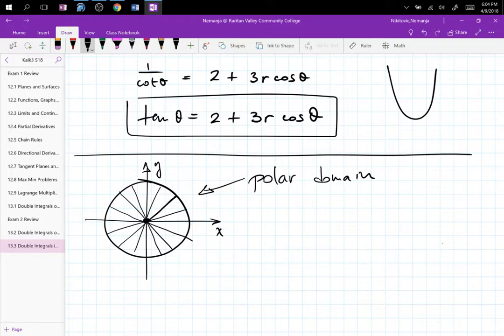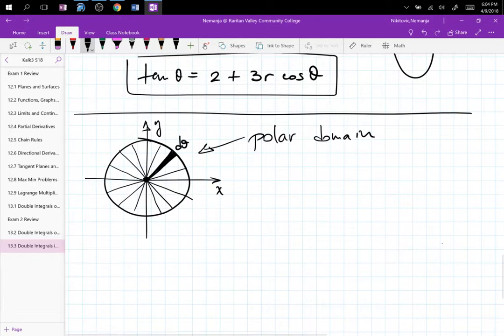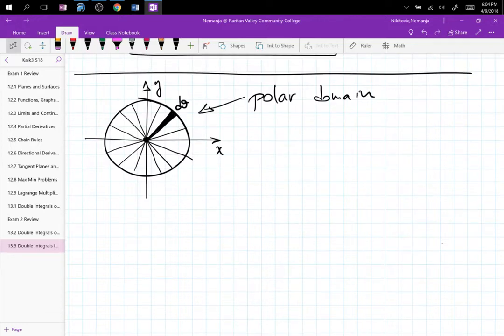Let's draw the representative pizza slice d theta, and that's the one that spins around. So now if I want to create a 3D object, I can do so by spinning this d theta on the domain.